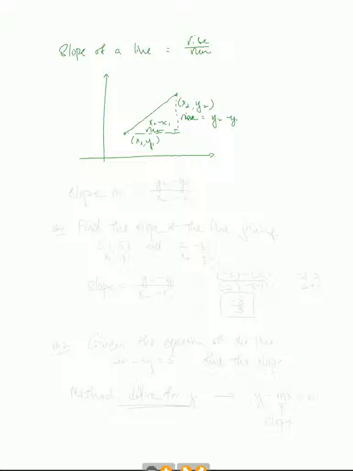So with that, we have the formula for slope: y2 minus y1 over x2 minus x1. So take, for example, if you are given the coordinates of 2 points and you're asked to find the slope.